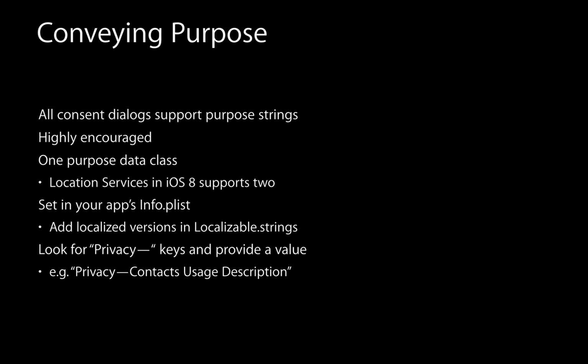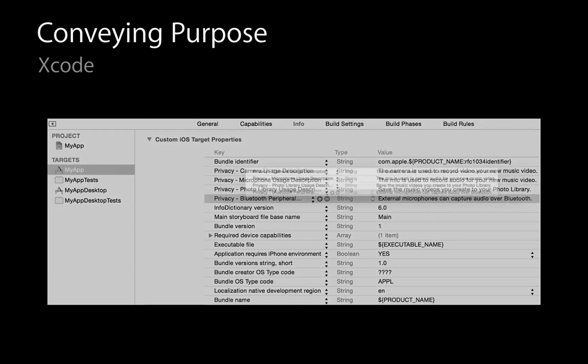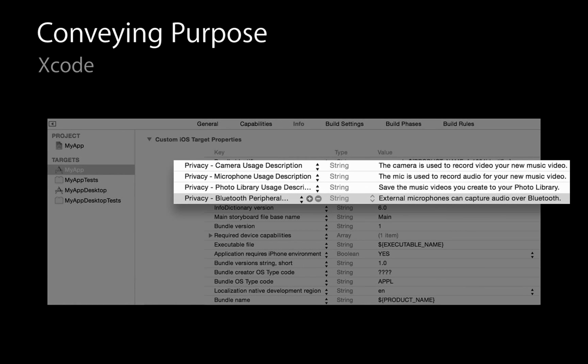What you need to do is go to Xcode, select your target, select the info plist, and then fill out the strings. You should look for the privacy-data class keys. Now, Xcode is simply a front end to the info plist, so if you want to, you can always edit the info plist manually. In this example, we have a new application that wants to access camera and microphone so that it can help you record that new music video for your album.